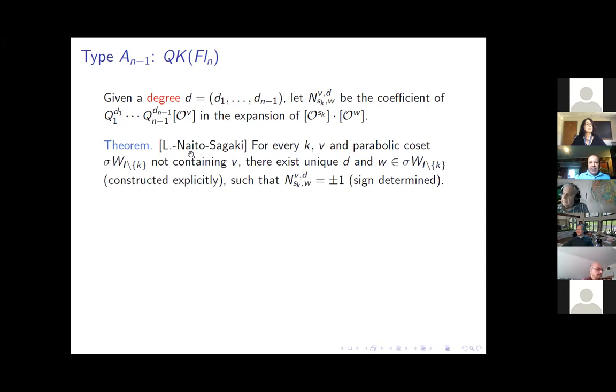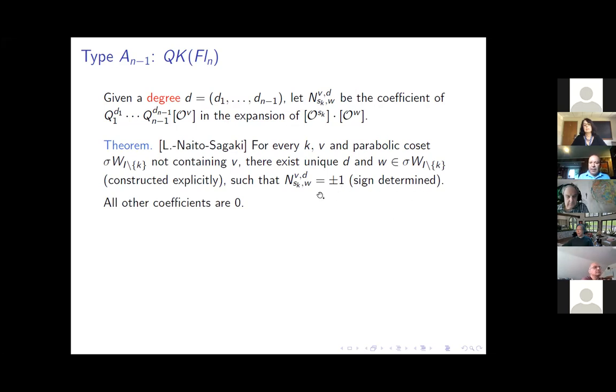So in type A, it turns out that using the Chevalley formula and making it more explicit for type A, using a specific lambda chain, the omega k chain in type A, I can show that all these coefficients are plus or minus 1 or 0. And I can say exactly which ones are plus or minus 1, and the sign is also determined.